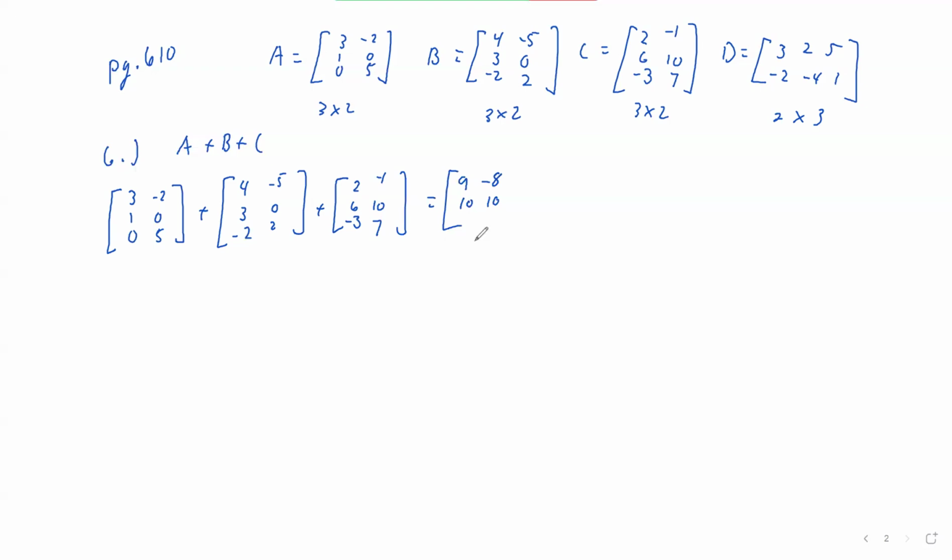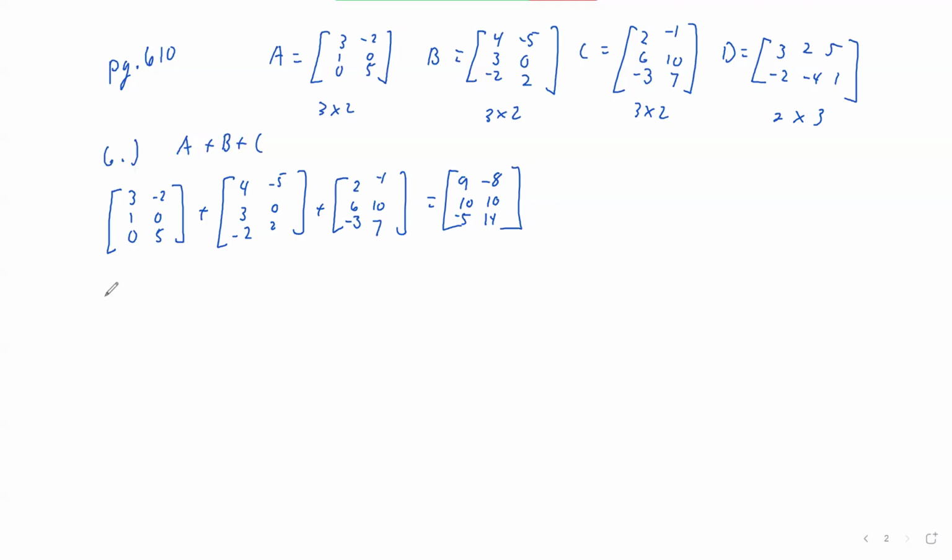Negative 2 plus negative 3 is negative 5. 5 plus 2 is 7. 7 plus 7 is 14. And that's literally all you have to do. You just have to add each one of their corresponding elements.